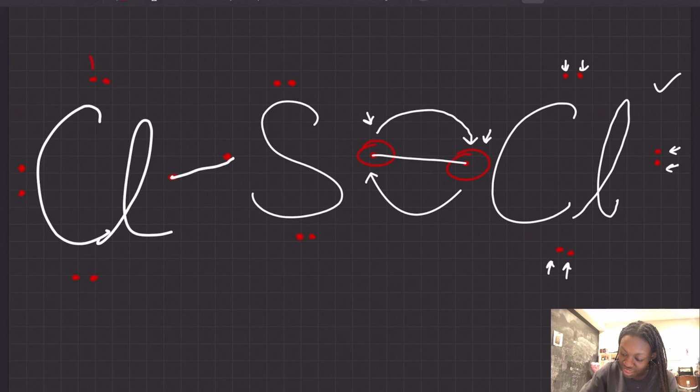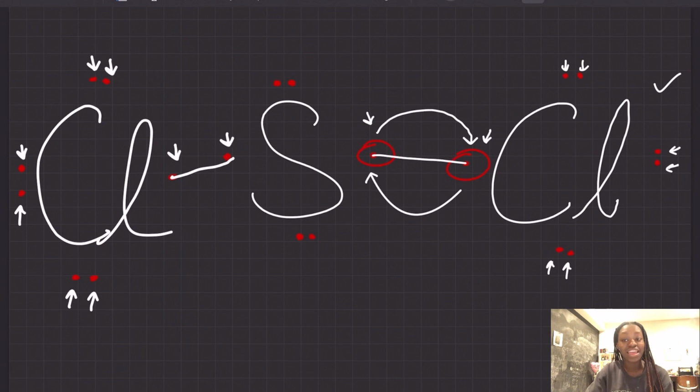It's got exactly how many electrons it needs to be a stable atom. 1, 2, 3, 4, 5, 6, 7, and 8. And now sulfur, who we're trying to fix, is also doing great. 1, 2, 3, 4, 5, 6, 7, and 8.